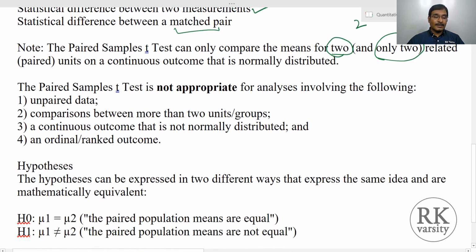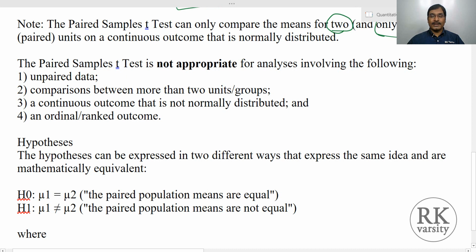Now, when is the paired sample t-test not appropriate? One is if your data is unpaired. Then you need to go for an independent sample t-test. Next, comparison between two or more groups. As we are saying, in a paired sample t-test we need only two variables. If there are more than two groups, then you need to go for analysis of variance.